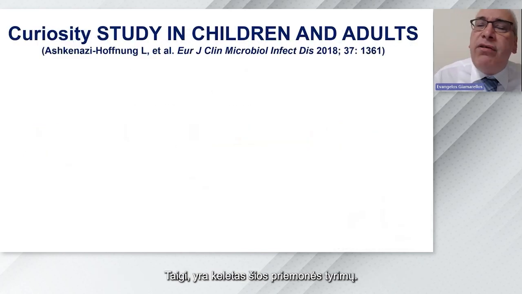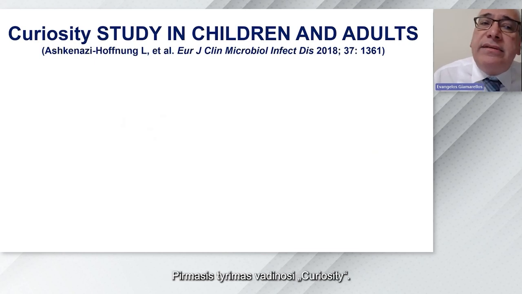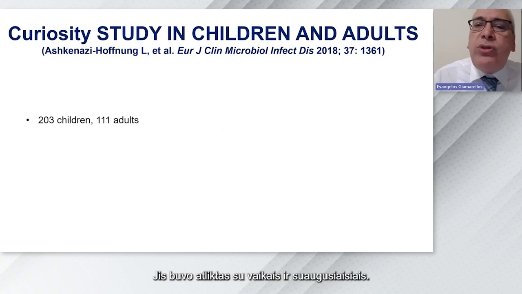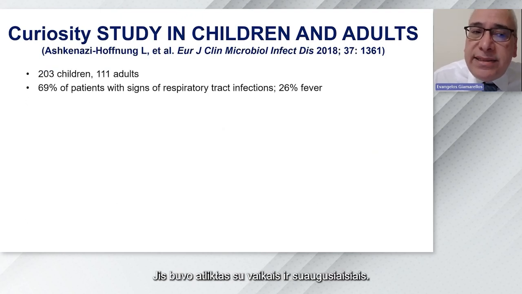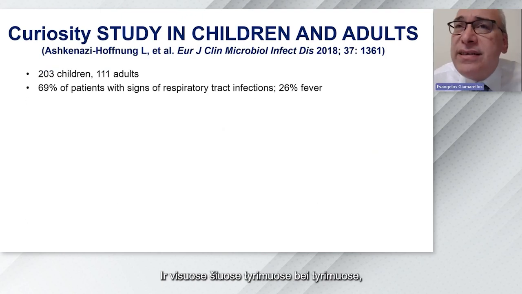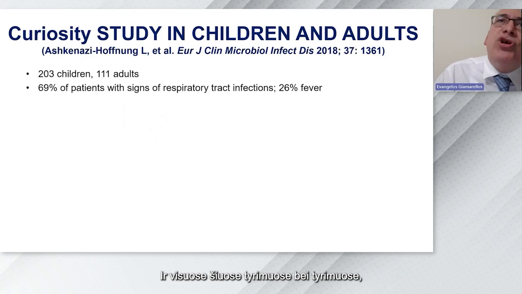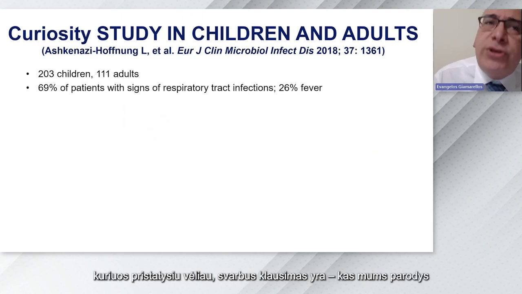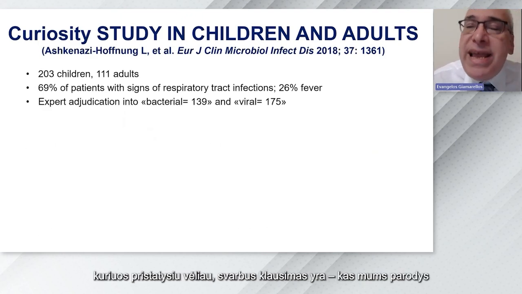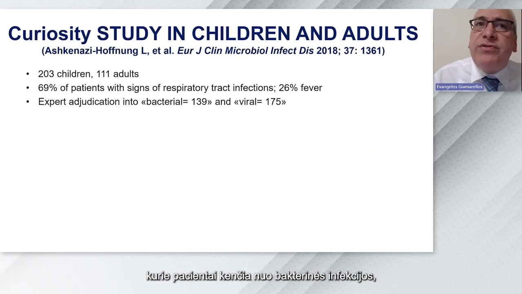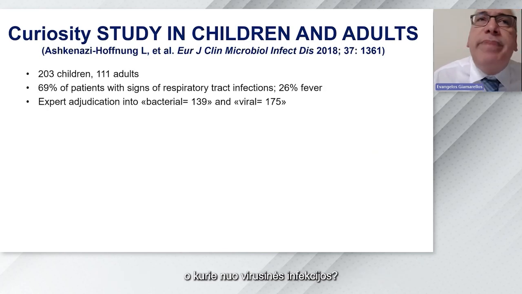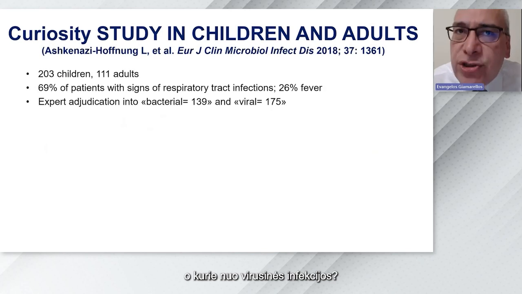So there are several studies out there with that tool, and the first study was called Curiosity. It took place in children and adults, and in all these studies, including the ones I will present later, the important question is who is the patient who suffers from bacterial infection and who is the patient who suffers from viral infection.